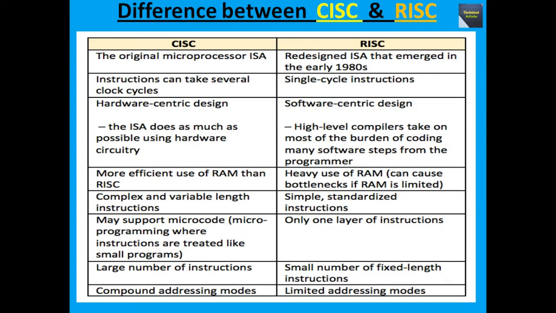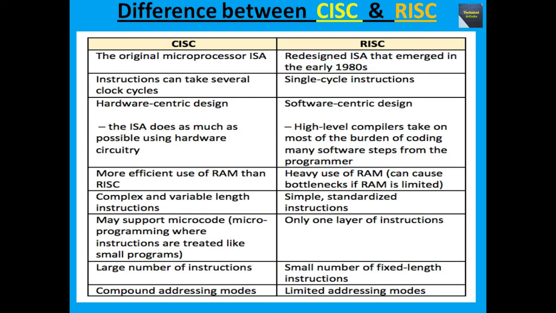Now we compare CISC and RISC. At first I talk about CISC and then compare with RISC. CISC is the original microprocessor ISA, while RISC is a redesigned ISA that emerged in the early 1980s. ISA stands for instruction set architecture.